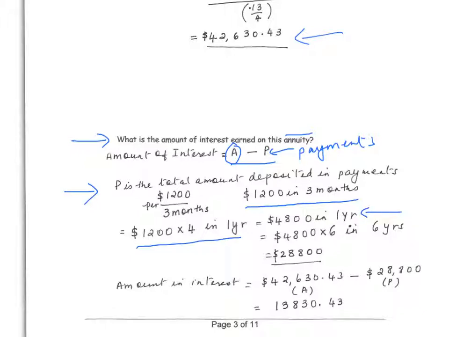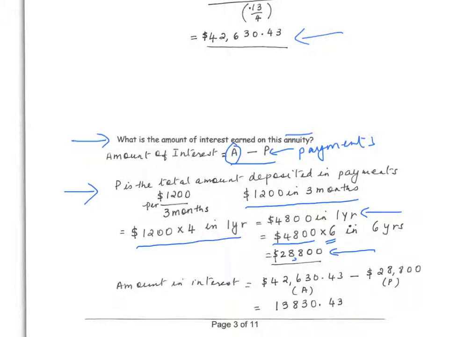But the process continues for 6 years in this problem. So the total amount of money that we put in is 4,800 per year times 6, because we've put in payments for 6 years, and that is a total of 28,800.